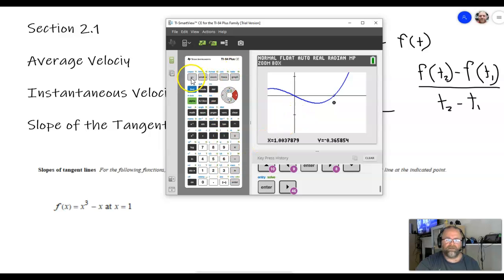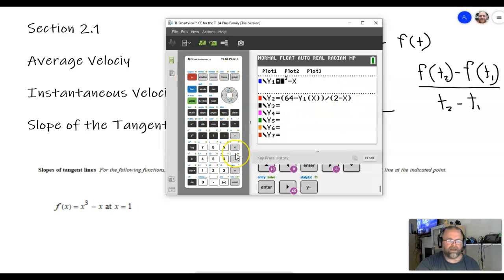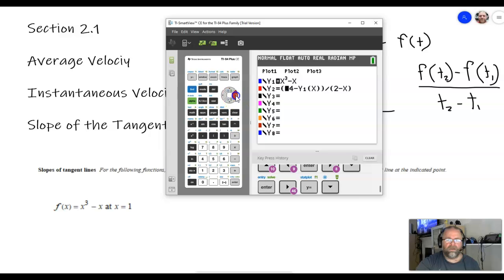Now let's go back to the y equals, and we're going to let the calculator do the work for us again. So we have this function. Now we need to change this first value. Why? Because this was for the last one that we did. So at f of 1, if we put a 1 in this first function, that's going to be 1 cubed, which is 1 minus 1, which is 0.